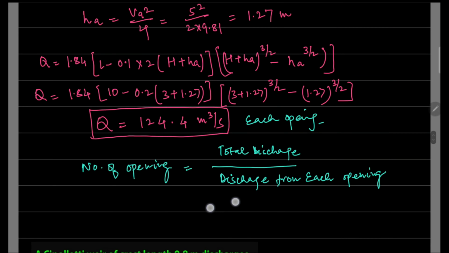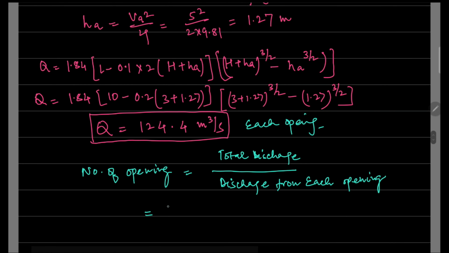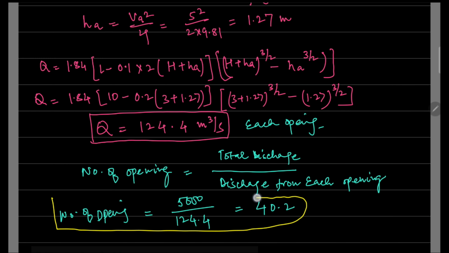So this value will be the total discharge 5000 divided by 124.4. The answer is coming out to be 40.2. So we can say that there are nearly 40 openings. So number of openings is 40. So this is our answer.